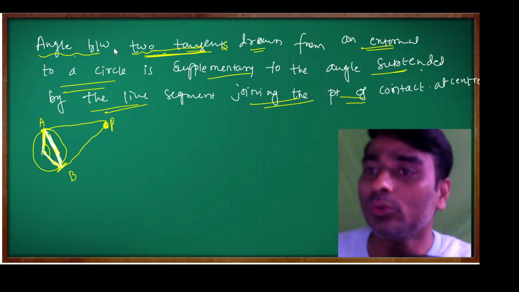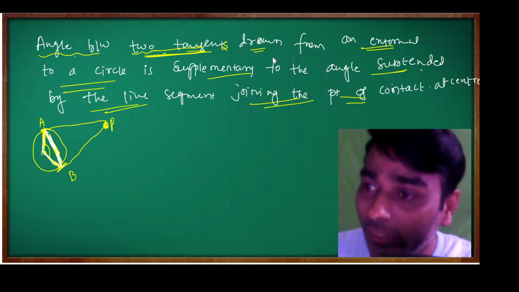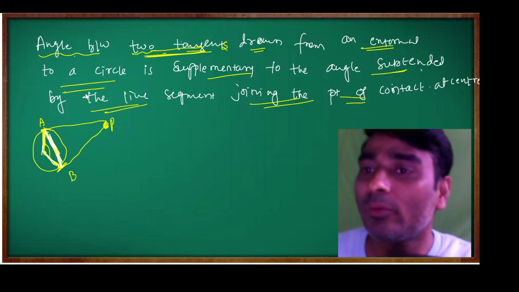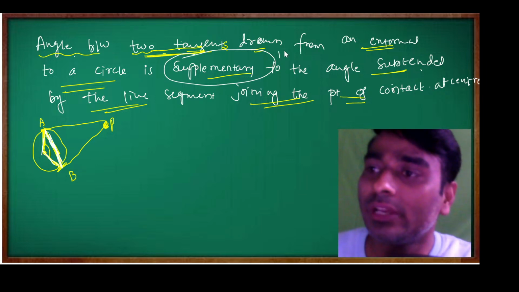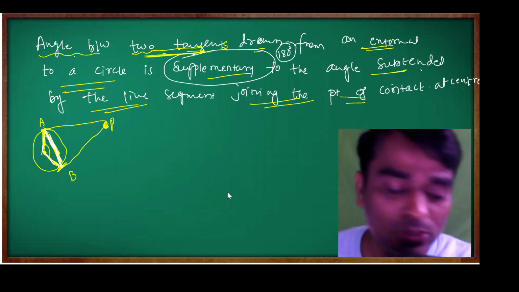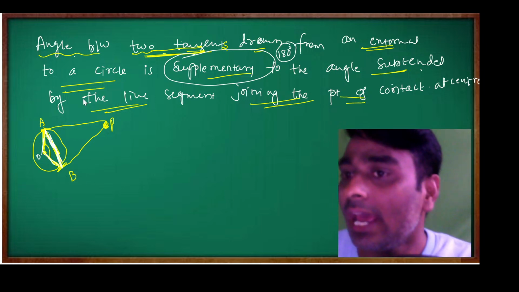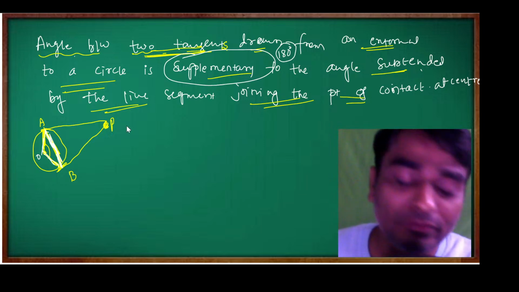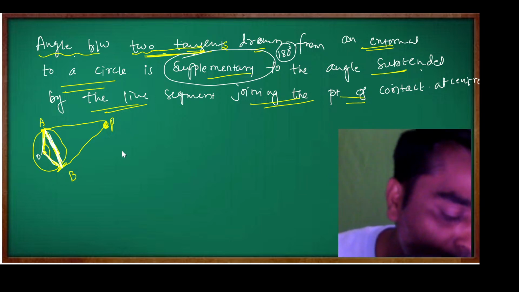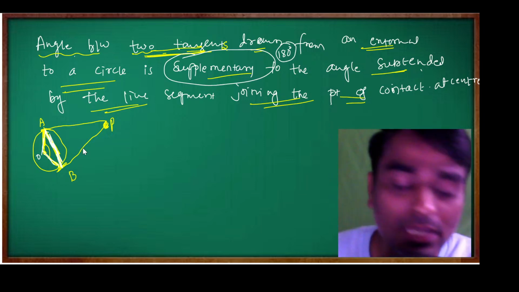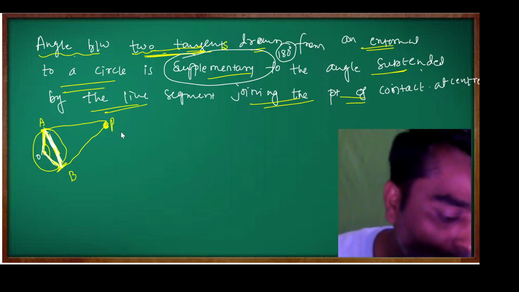What we need to prove: the angle between two tangents drawn from an external point to a circle is supplementary. What is meant by supplementary? You need to get 180 degrees as your answer. What should be 180 degrees? The angle between two tangents drawn from an external point. So which are those two angles? BOA, APB.